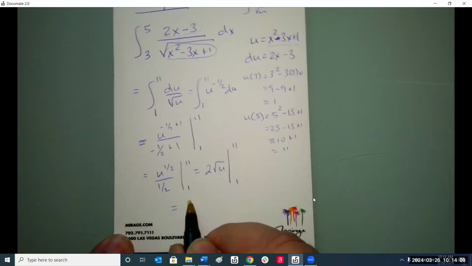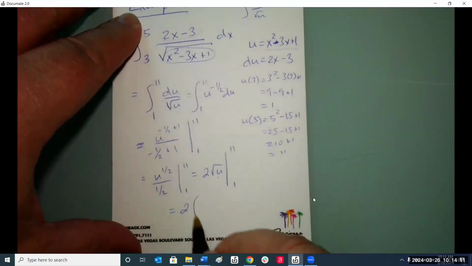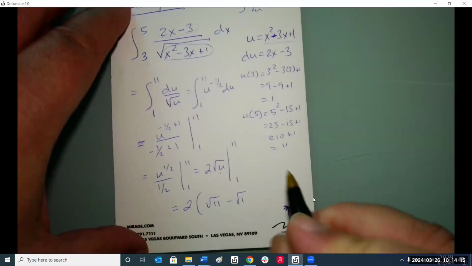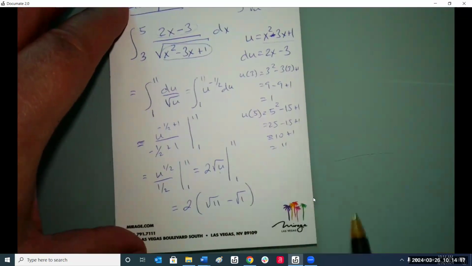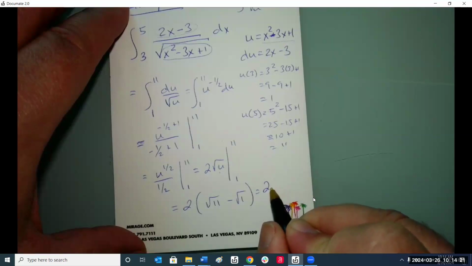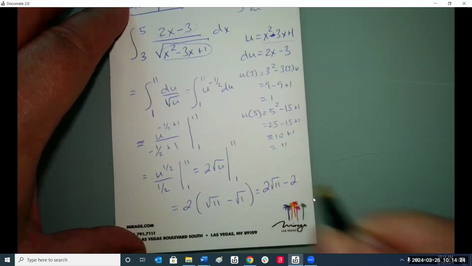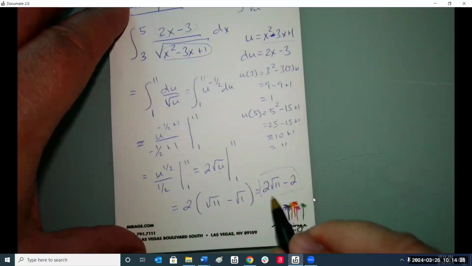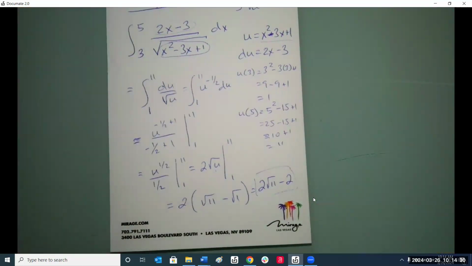We have 2 square root of 11 minus square root of 1, which equals 2 square root of 11 minus 2, since the square root of 1 is 1. So whatever this value equals, that's our solution. Okay, so that's just going straight forward and doing it as we normally would.